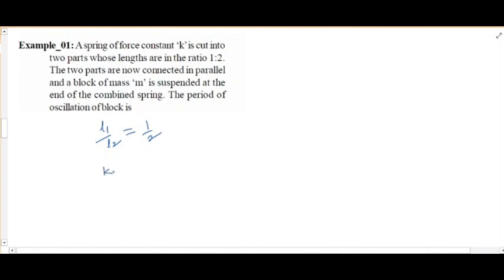For the first part, K1 is equal to total ratio (1 plus 2) by ratio of the first part 1, into the spring constant of the original spring. This becomes 3K. The second part K2 is total ratio (1 plus 2) by ratio of the second part 2, into K. This becomes 3K by 2.